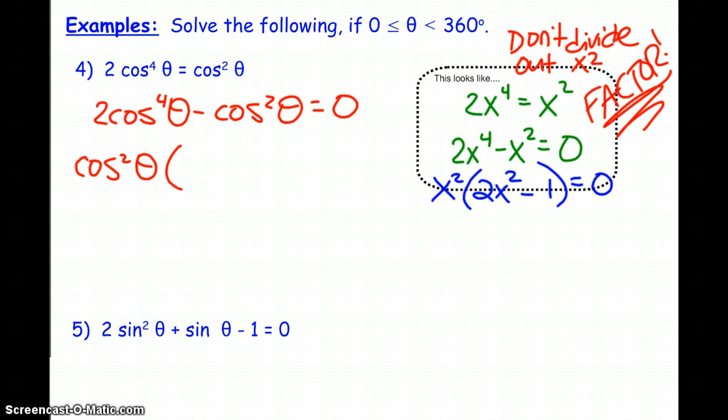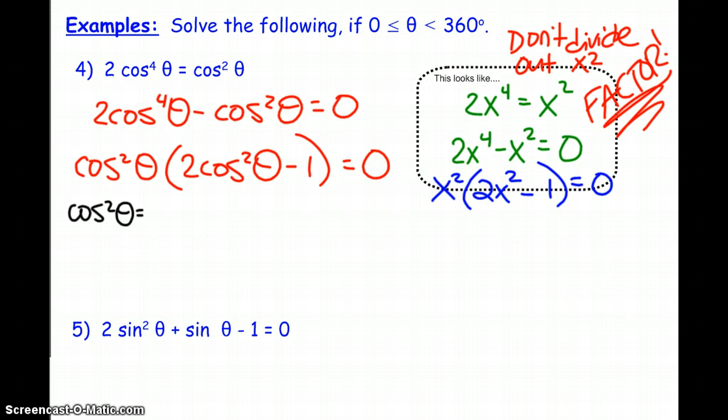I just want to take it off to the side. And then I'm left with a 2 cosine squared minus 1 equals 0. Take those 2 factors, set them both equal to 0. This one gives me cosine squared theta equals 0. This one tells me 2 cosine squared theta minus 1 equals 0.